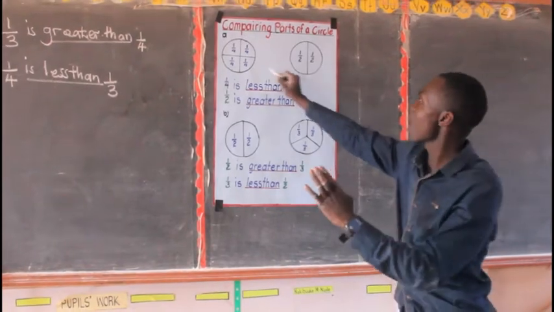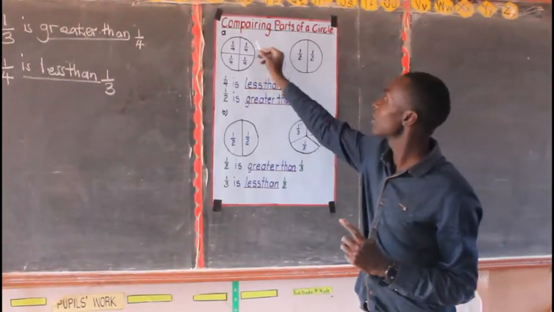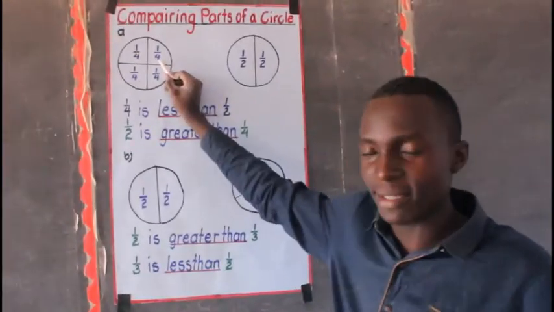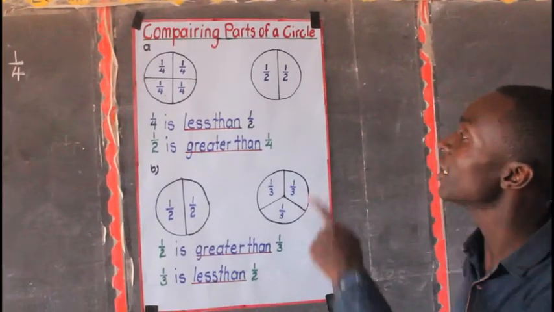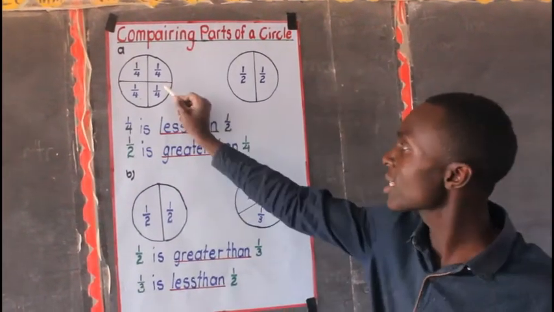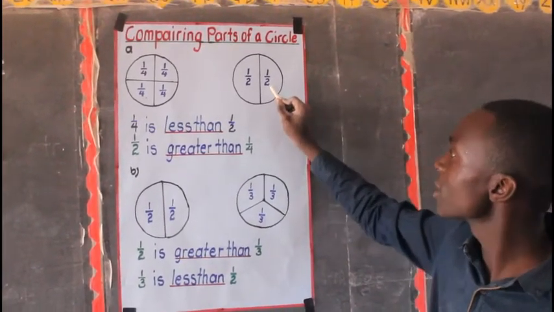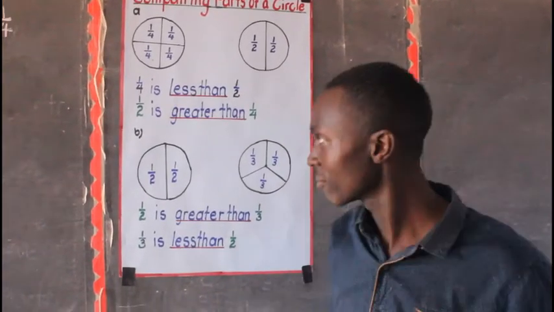As I told you, a quarter means that a circle is divided into 4 equal parts, and this is a half because the circle is divided into 2 equal parts.